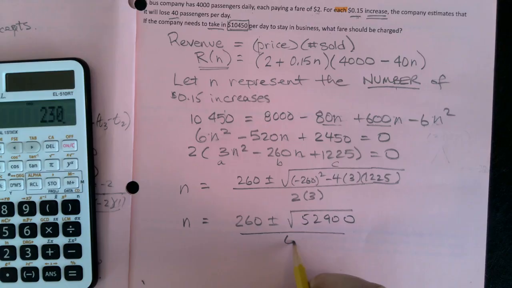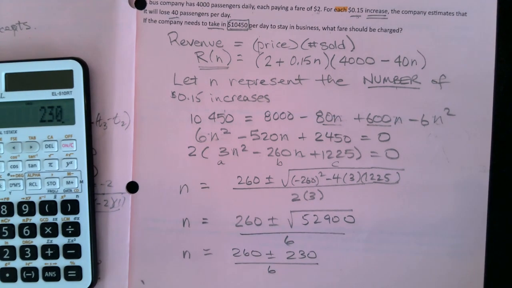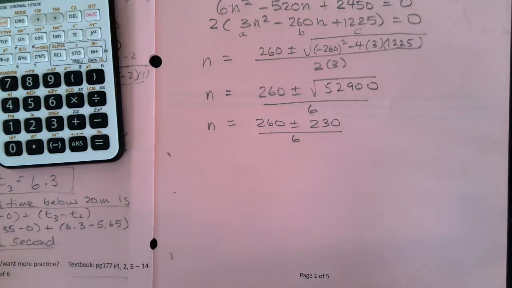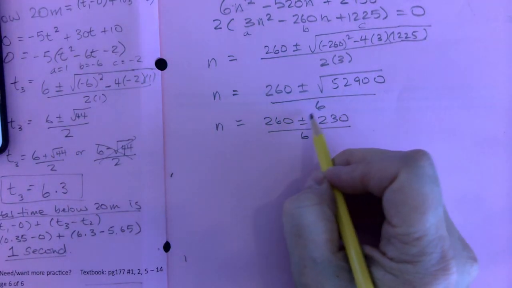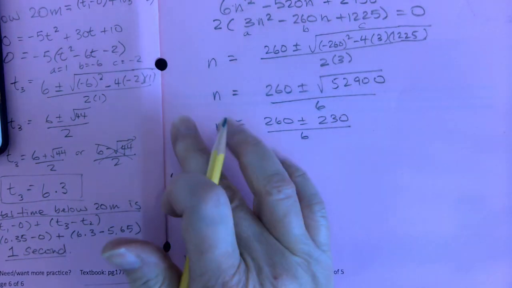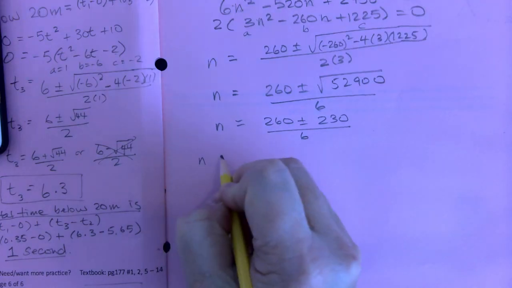Nice. 260 plus or minus 230 over 6. All right. Luckily, we got a positive number underneath the square root symbol. That means we can do it. We will get 2 answers.